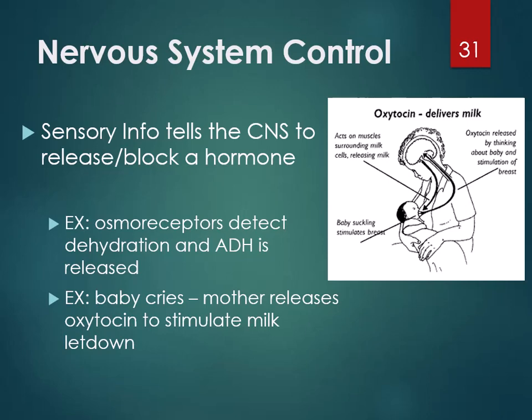ADH is another hormone that is controlled by the brain sensing whether you're dehydrated or not. When a baby cries or starts to nurse, that physical stimulation of the nipple or hearing the baby cry will cause the release of oxytocin, which then will allow milk to be released. So all of these are examples of the brain using sensory information to control the release of a hormone.